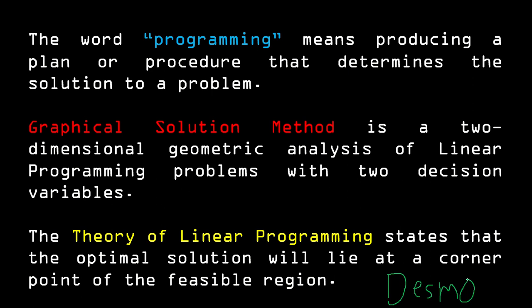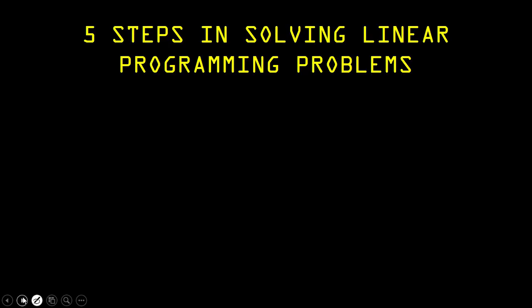In addition, Desmos will give you the corner points. All you need to do is identify the feasible region in the given graphs. Again, we're going to show the two ways: one is the manual way of solving for the corner points, and the other is using Desmos, which is just your supplemental material for graphing the inequalities.